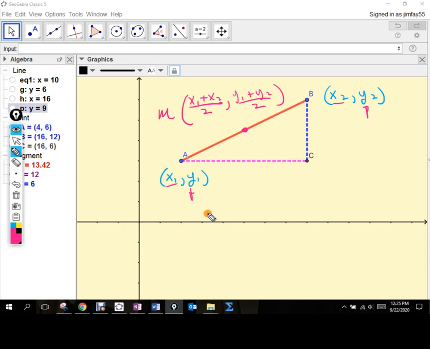That's our formula that will allow us to solve for the midpoint of any segment we want. So I'm highlighting the coordinates on the axes. Those would be the respective x1, x2, y1, y2 spots on the axes.